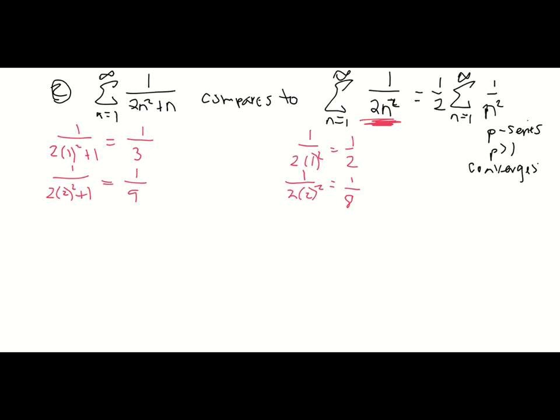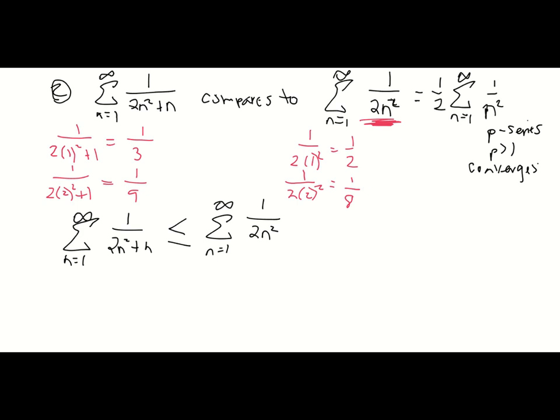So now we're going to write an inequality statement. I always start with the smaller one and then write less than or equal to. The sum from n equals 1 to infinity of, my smaller one is the original, 1 over 2n squared plus n is less than or equal to the sum from n equals 1 to infinity of our comparison series, 1 over 2n squared.